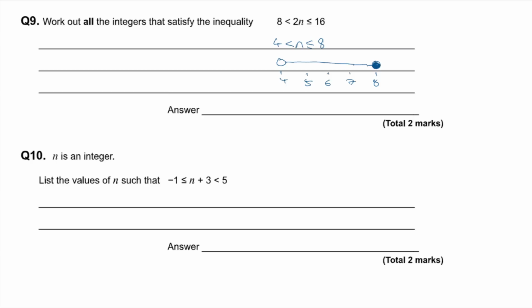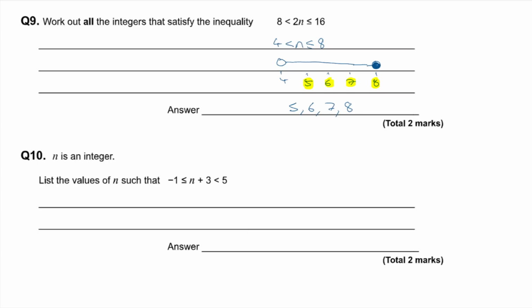Now we want the integer values that satisfy those. So which integer values are between those two limits? Well, 4 isn't, because it has to be greater than 4, but 5 is, 6 is, 7 is, 8 is as well, because n can be less than or equal to 8. So it's those 4 there. So my answers are going to be 5, 6, 7, and 8.